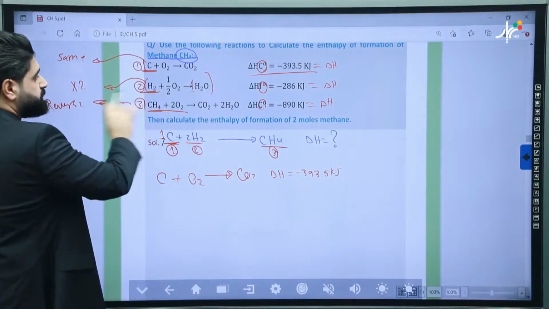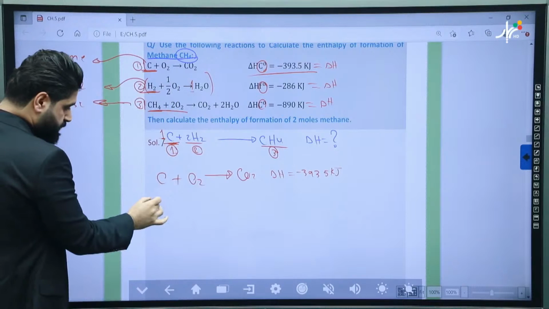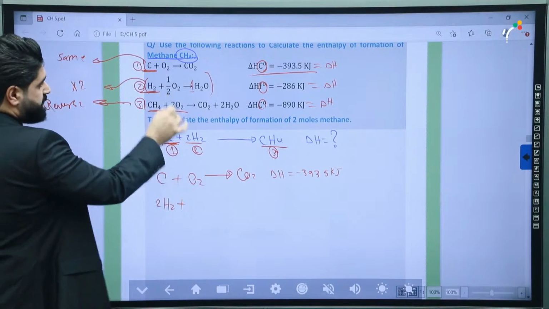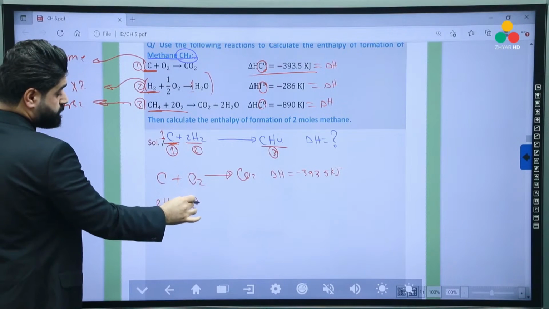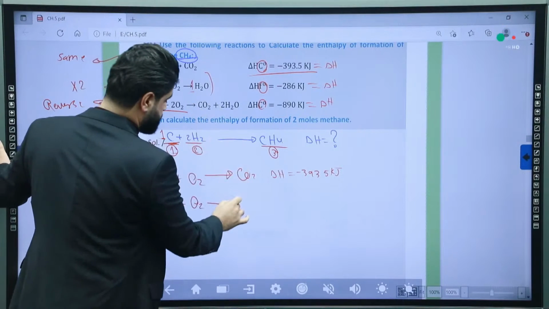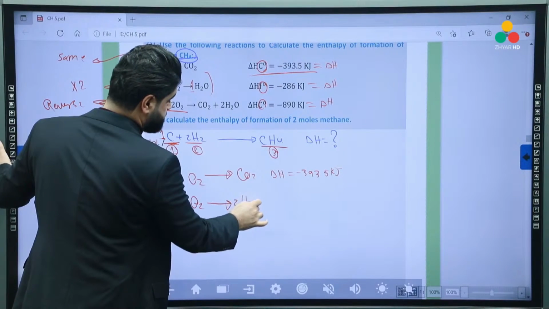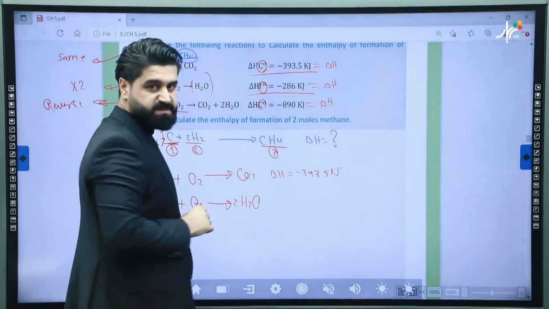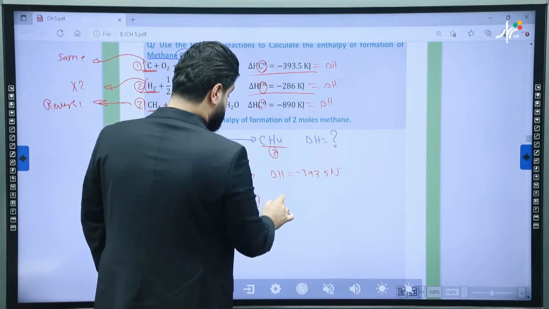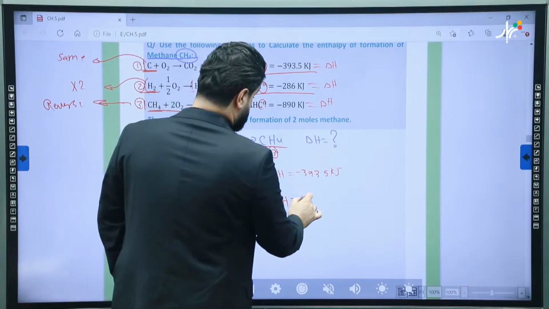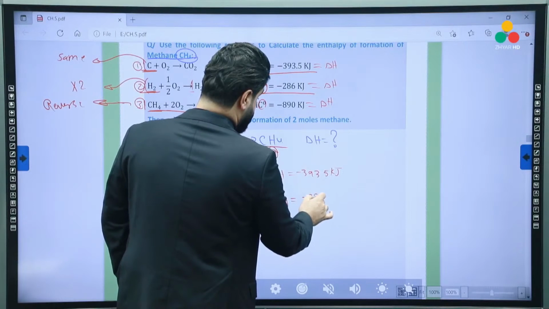You have to multiply all of them by 2. 2 hydrogens plus half times 2, it's 1 O2, producing 2 H2O molecules. Then even the value of delta H must be multiplied by 2. So delta H equals negative 286 times 2.